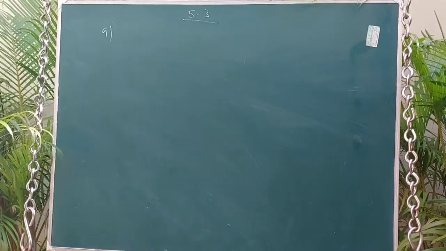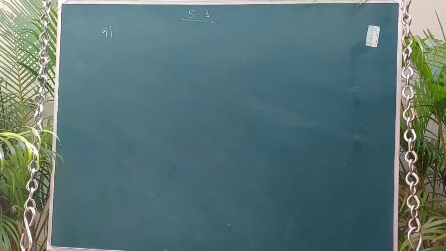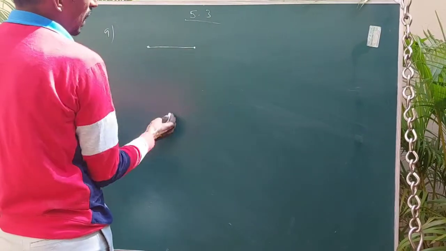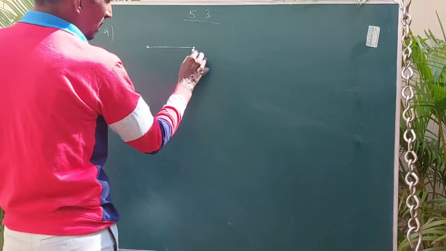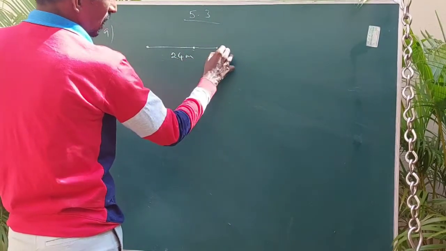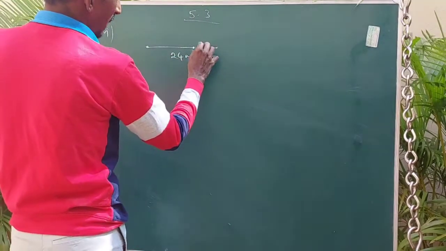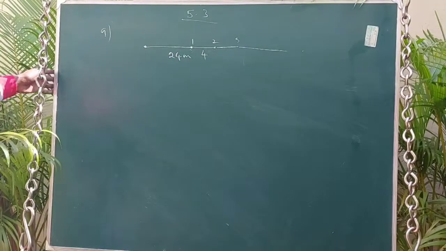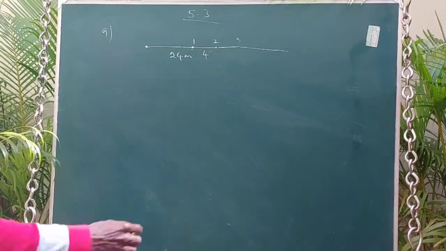Listen, from the starting point they are placing the first ball 24 meters away. After that, the intervals are 4 meters: first, second, third, and so on. Likewise they placed 20 balls.